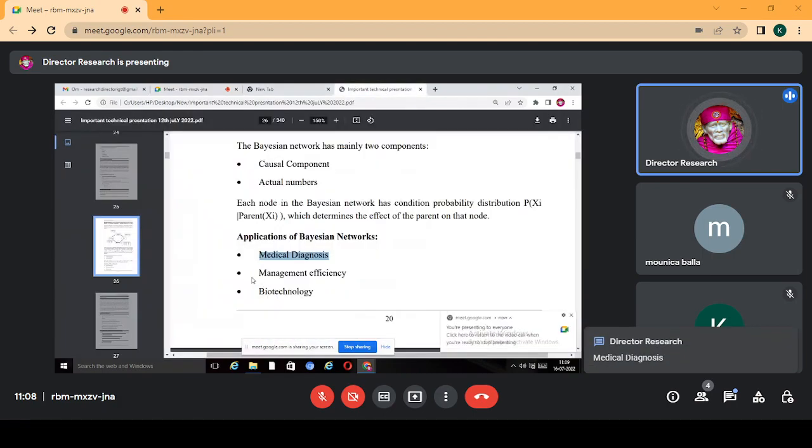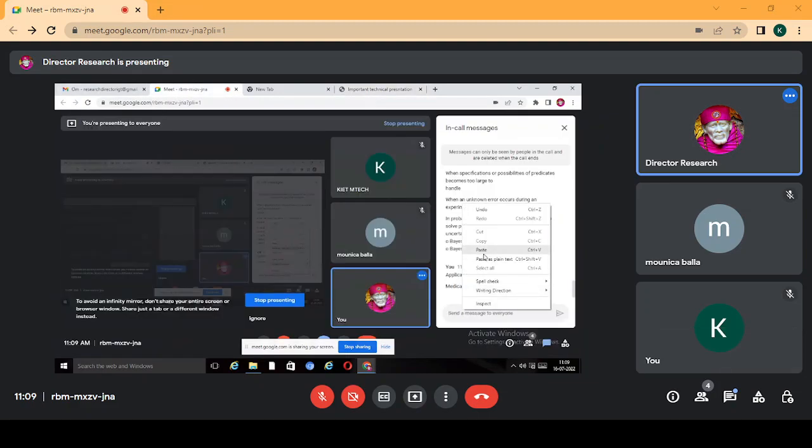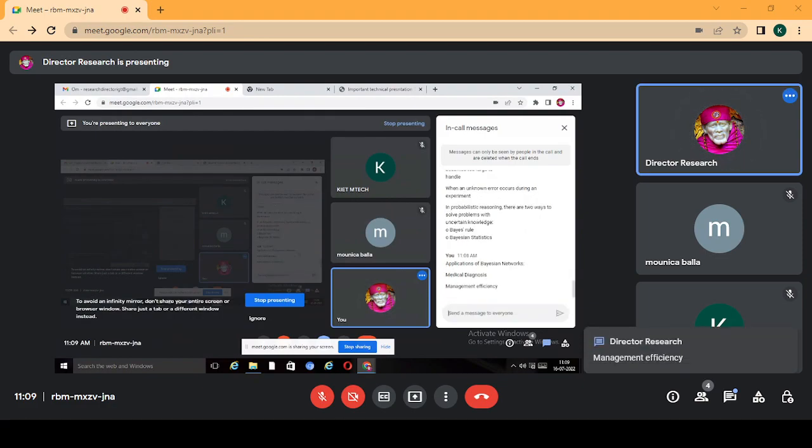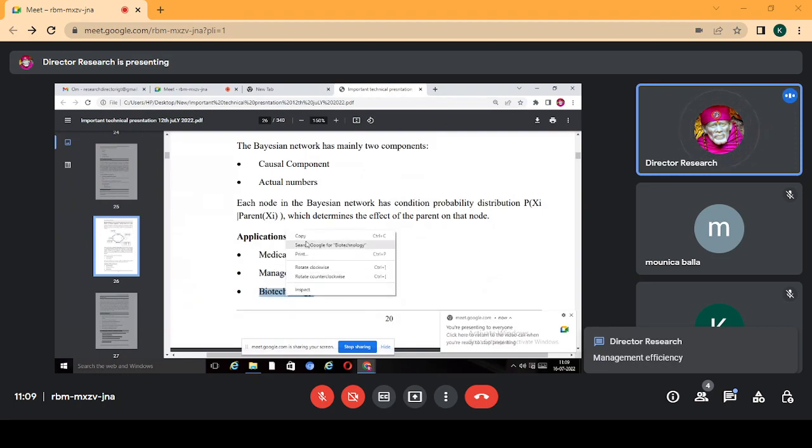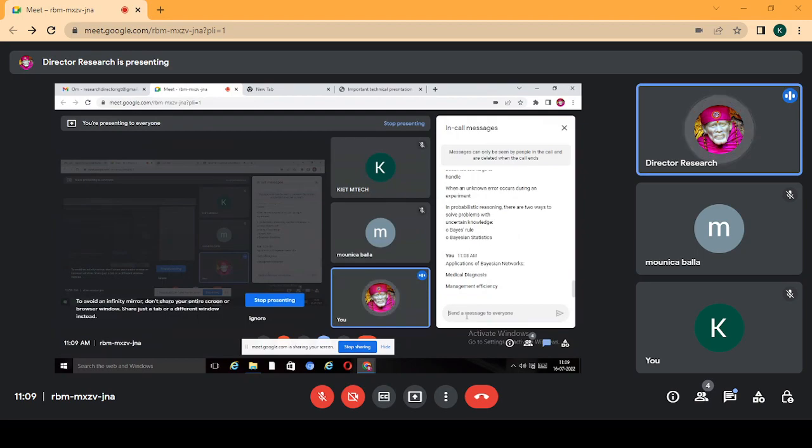The next one is management efficiency. Biotechnology: Bayesian networks are very much useful in biotechnology.